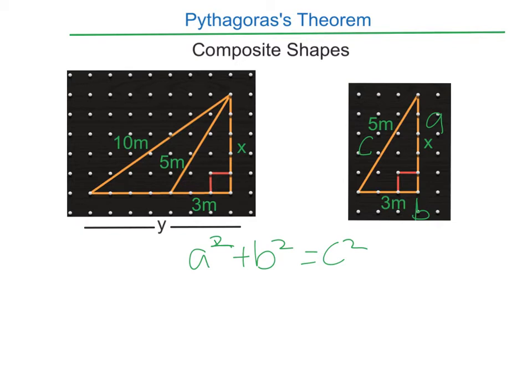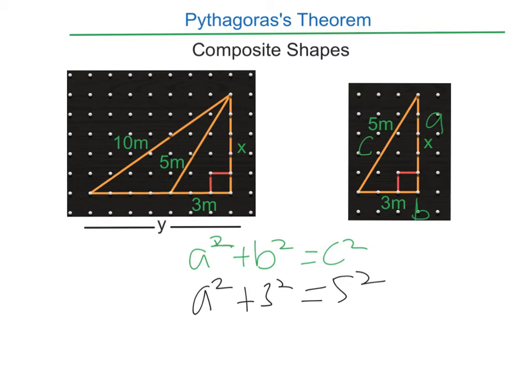Now let's substitute in the values. Looking over here, c is 5, a we don't know, and b is 3. So that means I can write a squared plus 3 squared equals 5 squared. Again, I'm substituting, so b is 3, so b squared is 3 squared. C is 5, so c squared is 5 squared.